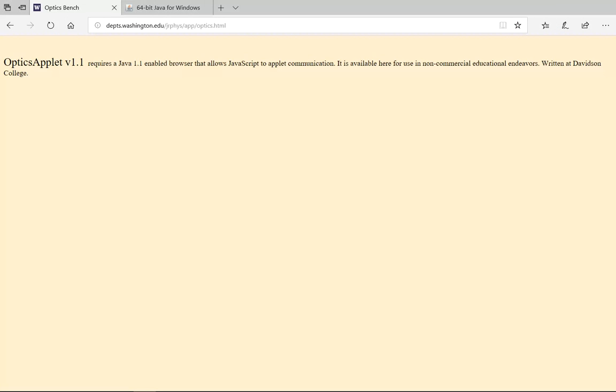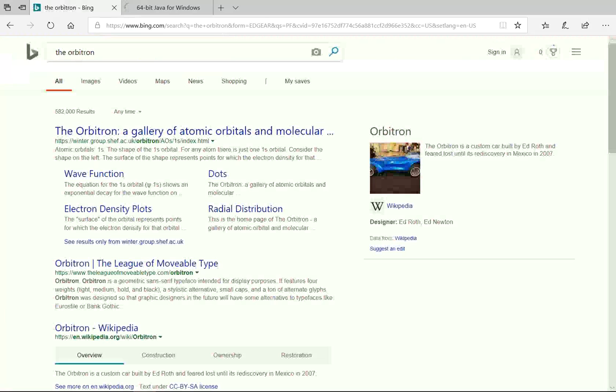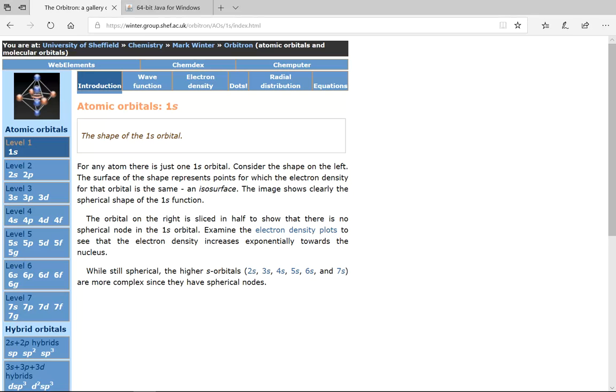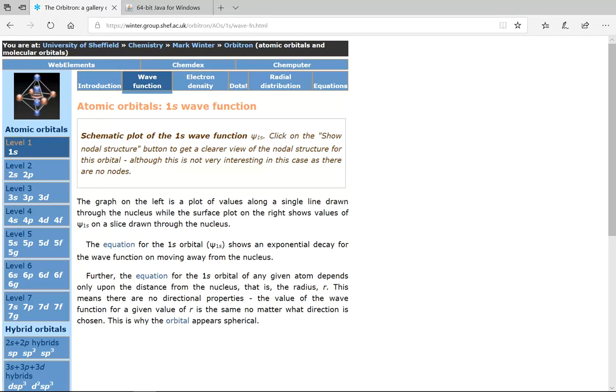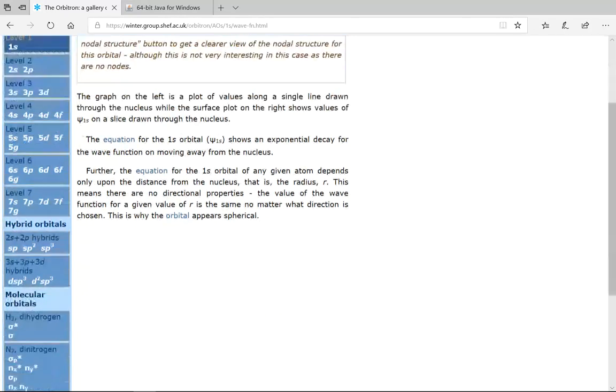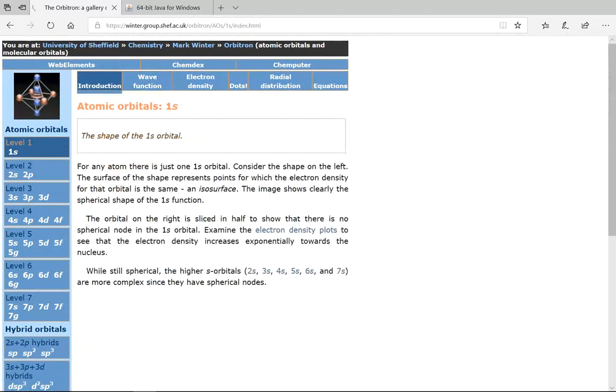Did you try it? Yeah, that's not working either on Edge. So maybe I have something. Yeah, maybe. I mean, obviously I don't have the right thing installed there.